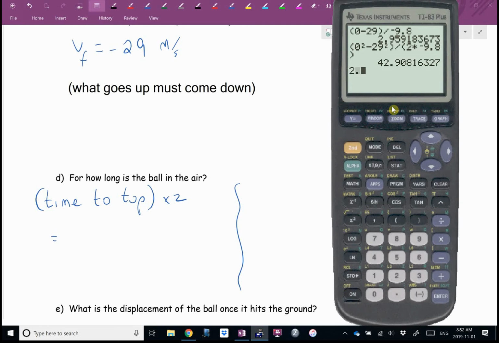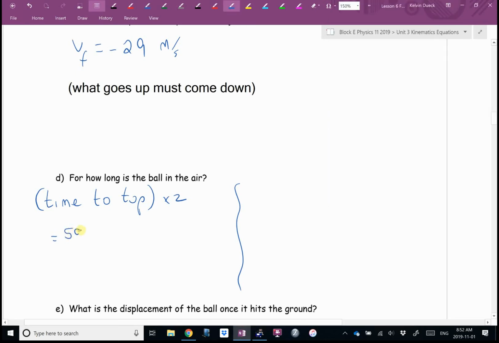So I'm going to go 2.959183673 times 2. Or I could quickly recalculate it if I wanted to, use my answer button times 2. But that's 9 sig figs. That should be pretty good. And I could say 5.92. And if you do it that way, I'm perfectly okay with that.